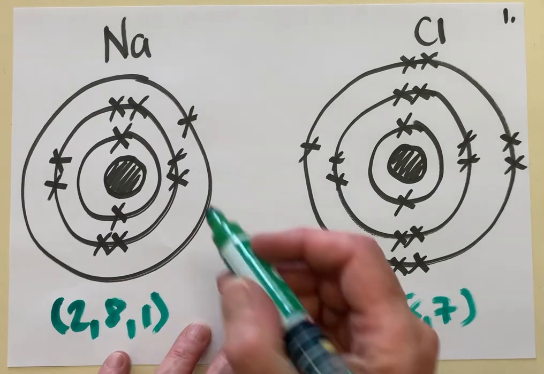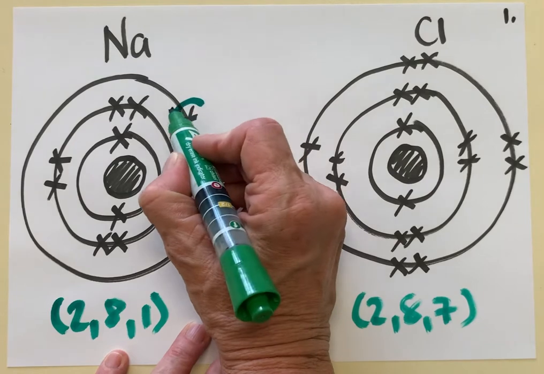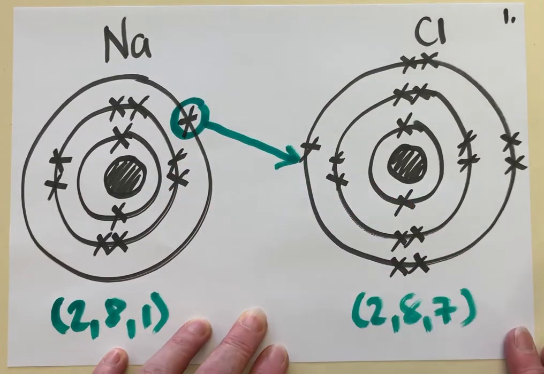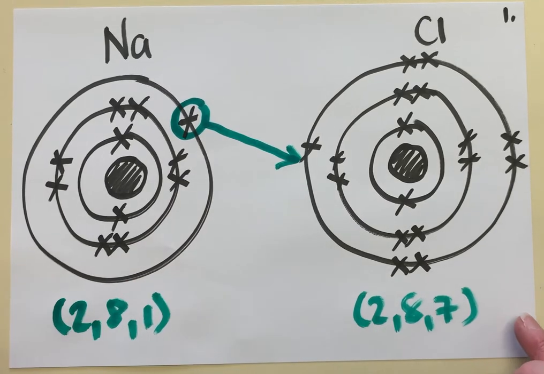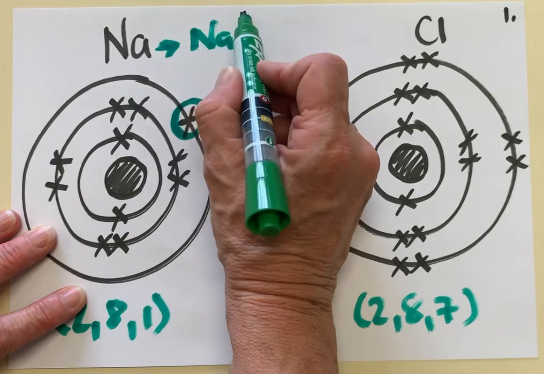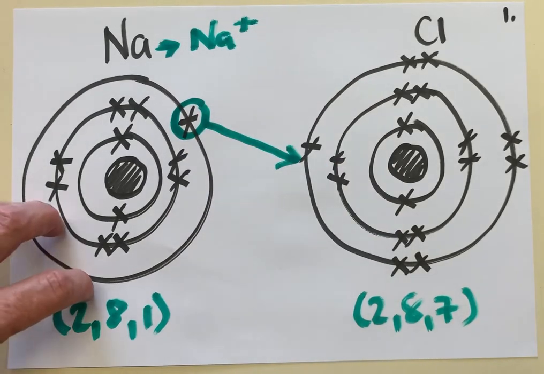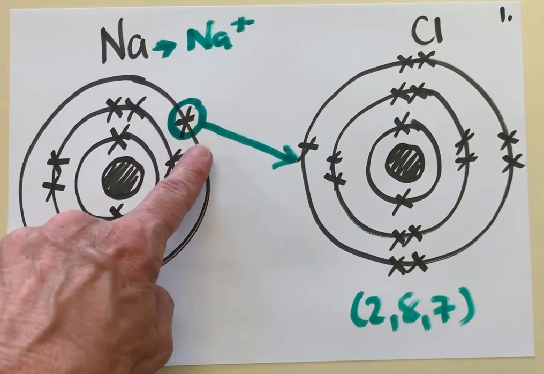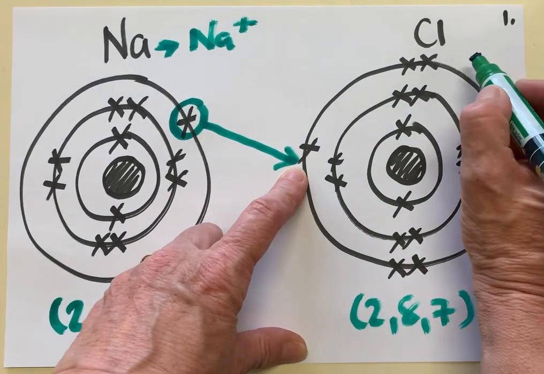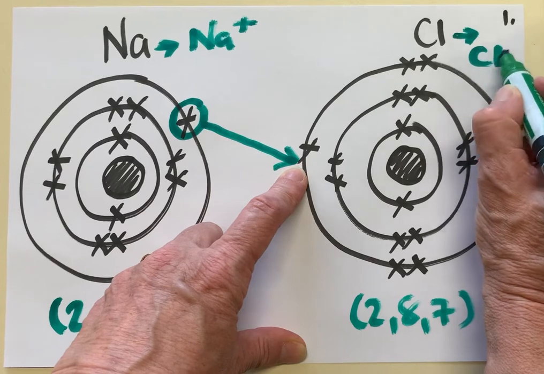So what happens is sodium actually gives its valence electron to chlorine. In the process, an ion is created. We get Na+ when it loses this electron. When chlorine gains this electron, it also becomes an ion, Cl-.